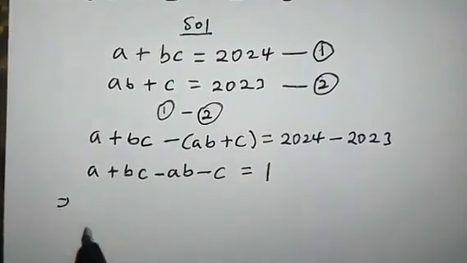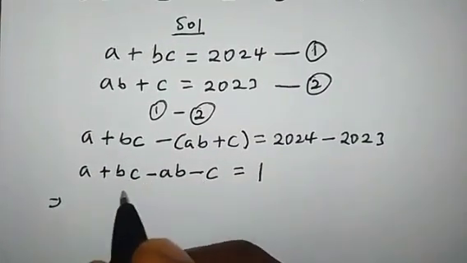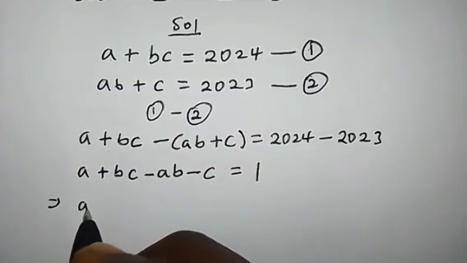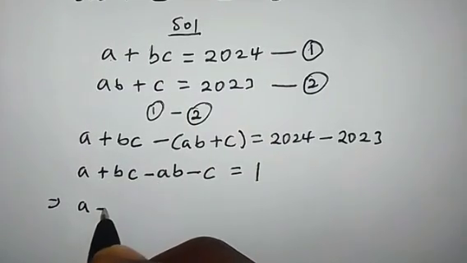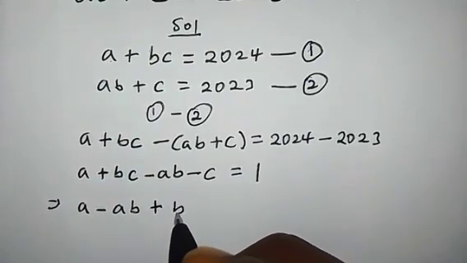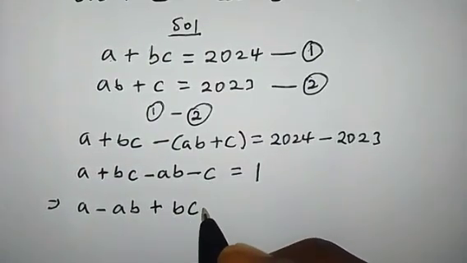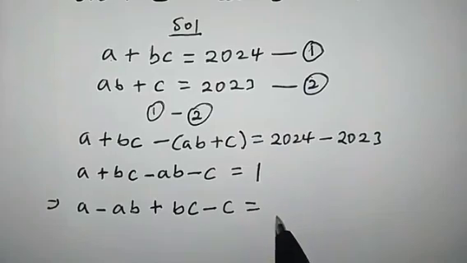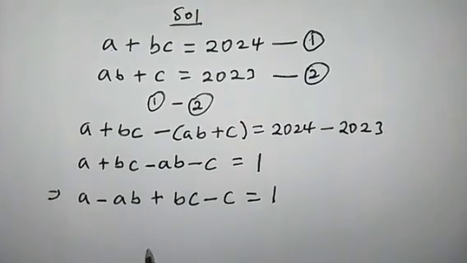This means that let us rearrange this. We have A minus AB plus BC minus C is equal to 1.